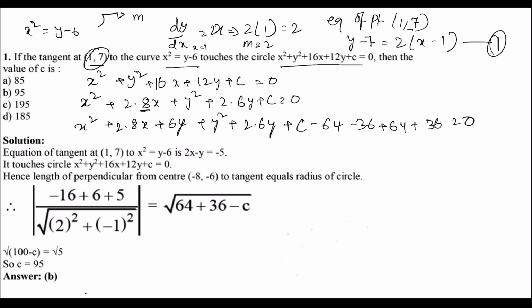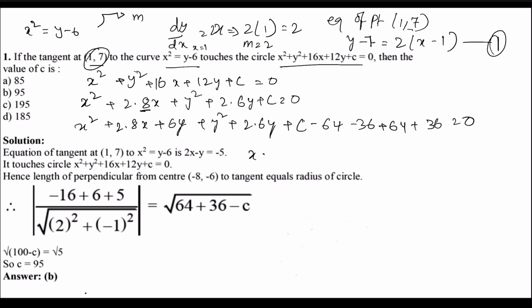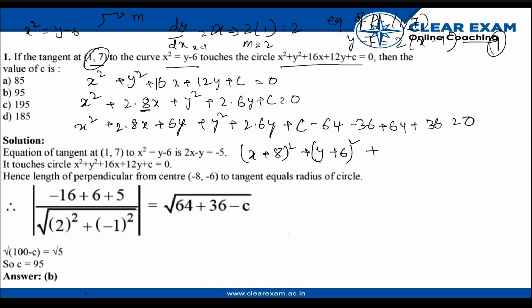Equals 0. So the simplified equation is x plus 8 the whole square plus y plus 6 the whole square plus 64 plus 36 minus 64 minus 36, that is 100 minus 100, plus c equals 0.